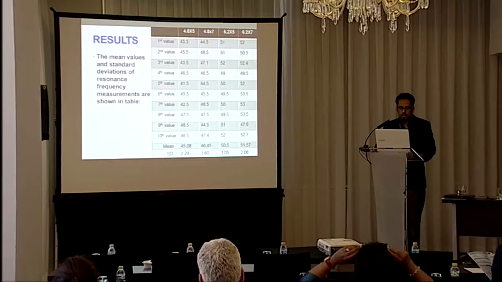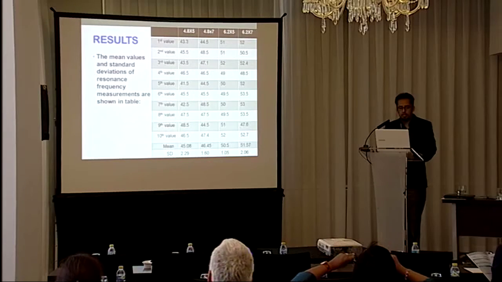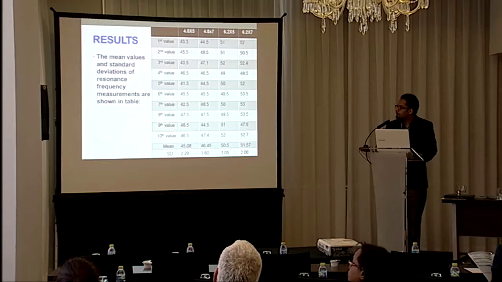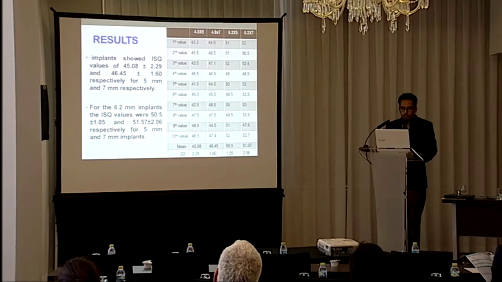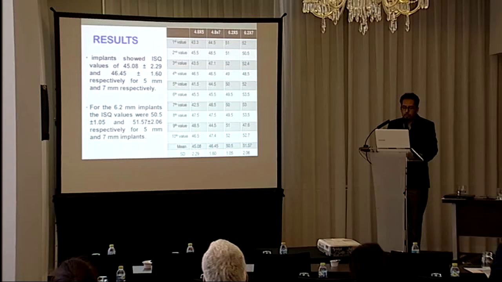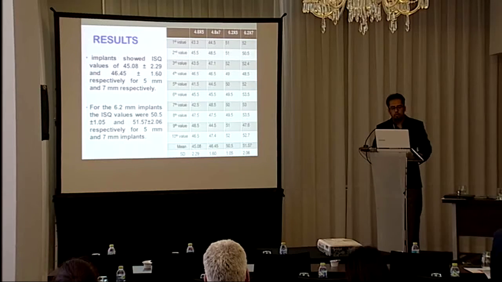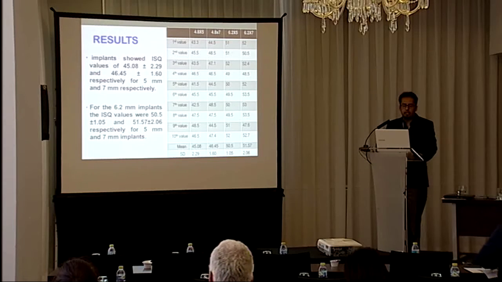For the results, the mean values and standard deviations of resonance frequency measurements are shown in this table, if you want to take a look. The 4.8 millimeter implants showed ISQ values of 45.08 plus or minus 2.29 and 46.45 plus or minus 1.6 for 5 and 7 millimeter lengths respectively.